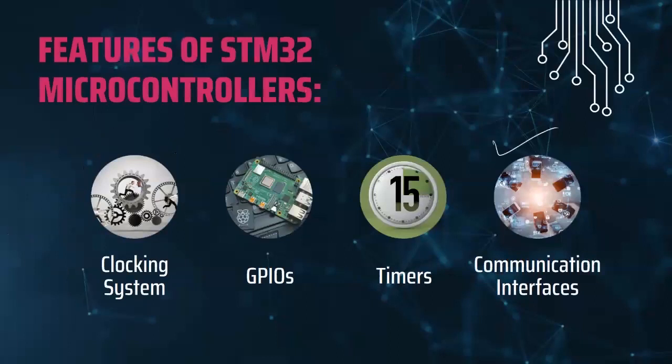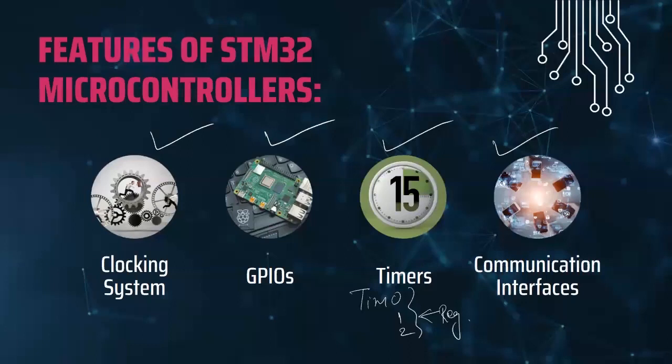So what are the things which I told? You can have communication protocols, timers, GPIOs, clocks. It has different timers: timer 0, timer 1, timer 2, like that. Multiple timers are there. Every timer has some registers, and accordingly you can change the timers.